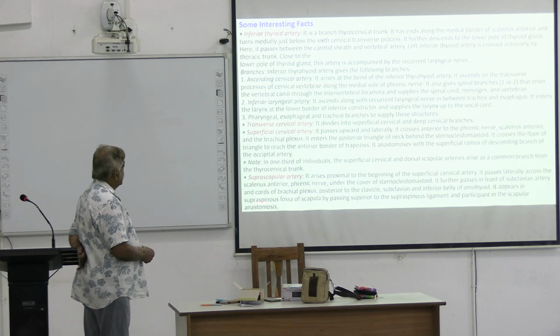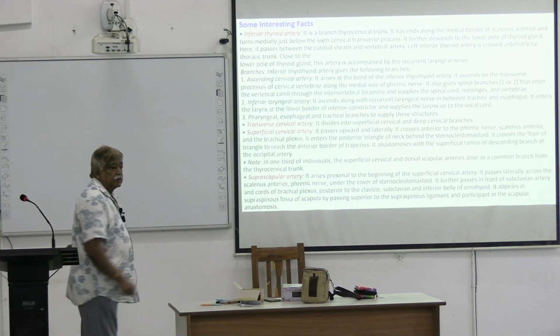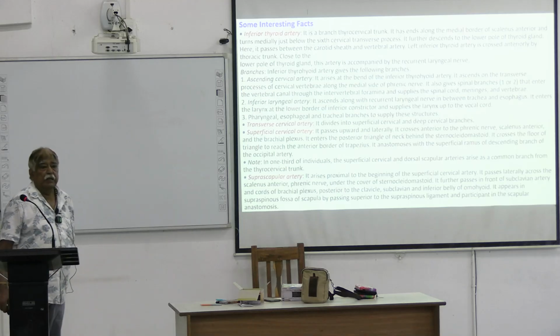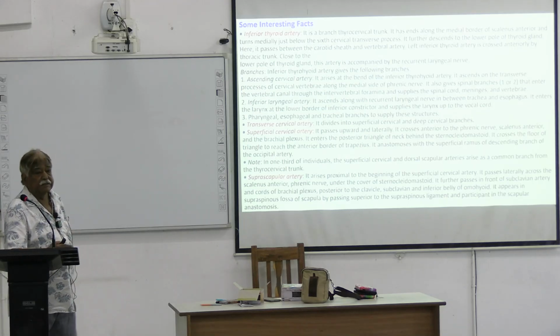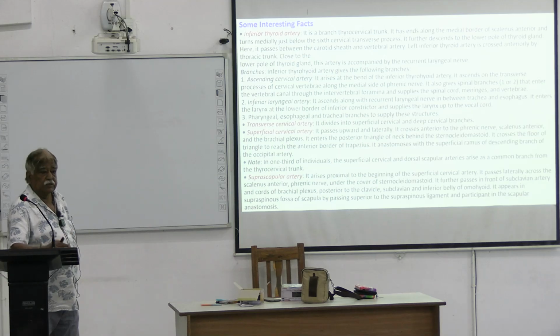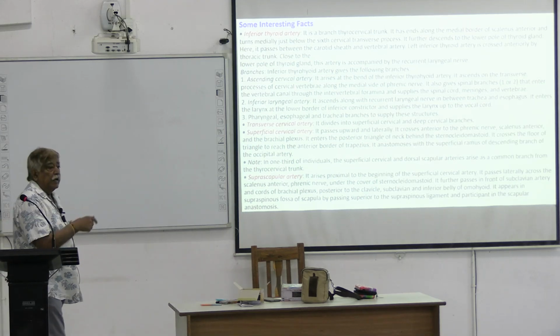It appears in the supraspinous fossa of the scapula, passes superior to the superior transverse scapular ligament, and participates in the scapular anastomosis. When you are doing the head and neck dissection, there will be lectures on the head and neck, so you will revise and see it.